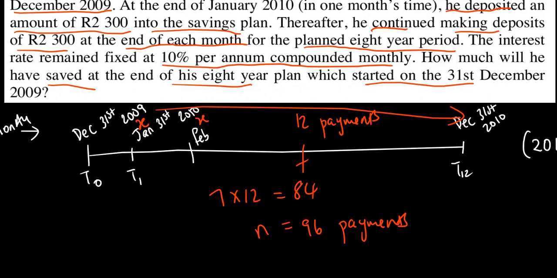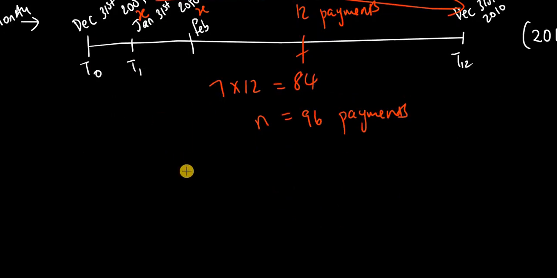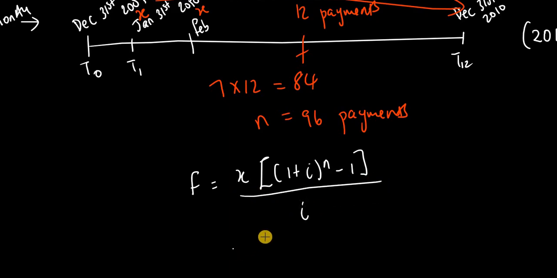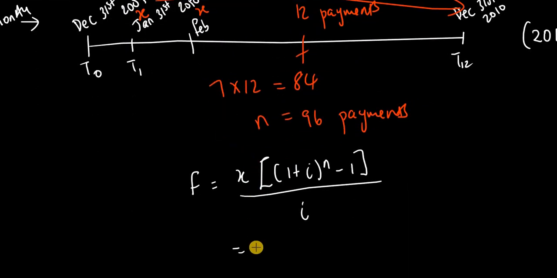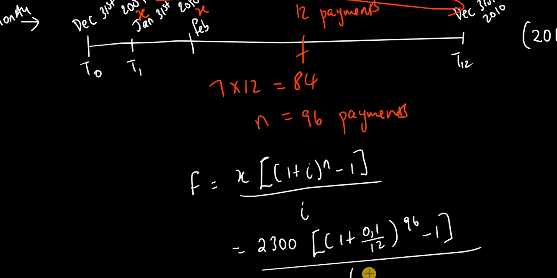So when you substitute this into your future value formula, you would say F is equal to x times (1 plus i to the power of n minus 1) all over i. And then the amount that is being deposited is 2,300, and then the interest is 0.1 over 12, and then it's 96 payments all over 0.1 over 12.